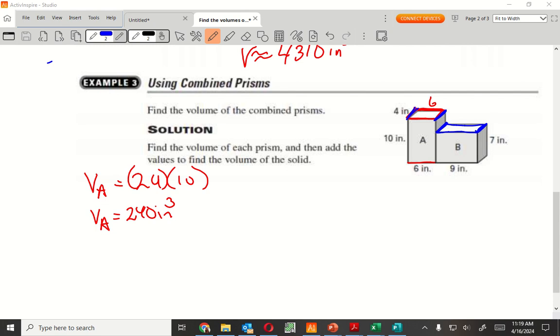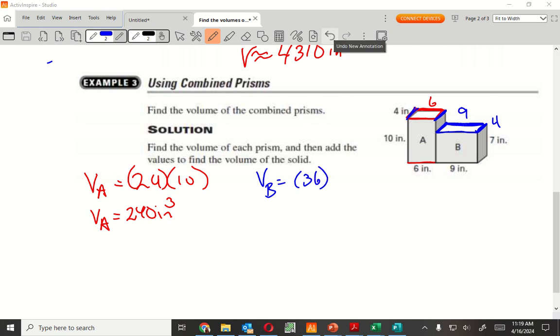So this side is going to be 4. And then going this way, what is it going this way right here? 9. Very good. By walking around our shape, we can actually find our value. So 9 times 4. My volume of B is 9 times 4 is 36, times the height, 7.